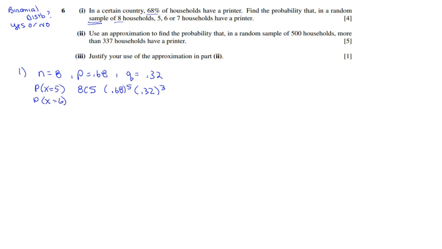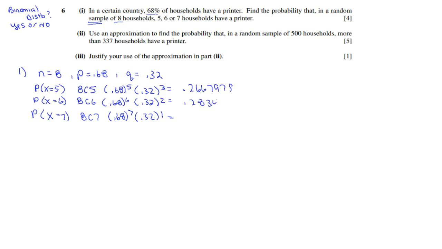And then I'm going to repeat that for 6, 8 choose 6, and then for 7, and then I'm going to find these 3 probabilities, and add them together to get the total probability of 5, 6, or 7. And when you do that, you'll end up with about 0.722.